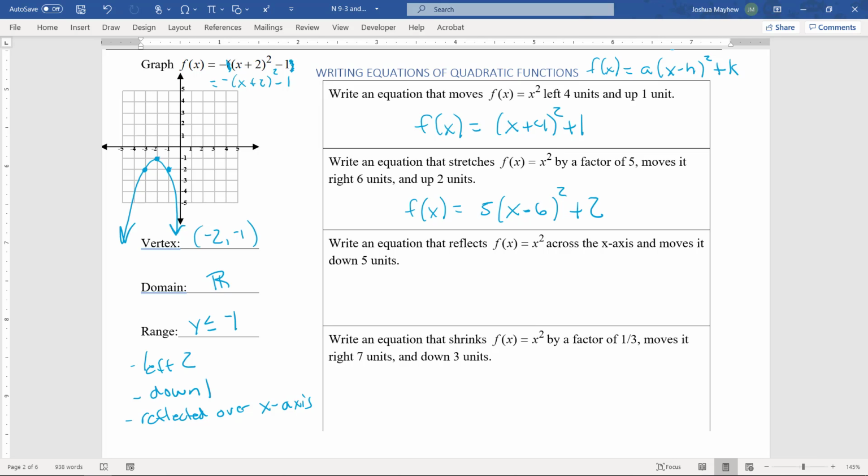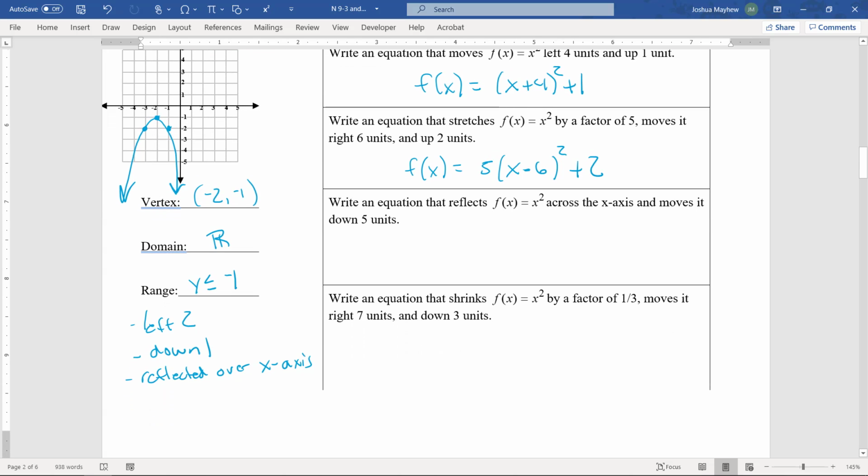All right. So I want you to hit pause now and try the next two, and then I want you to check them. So go ahead and hit pause now.